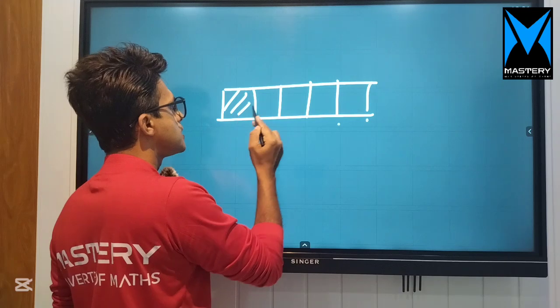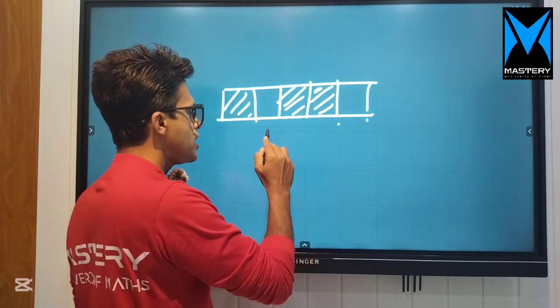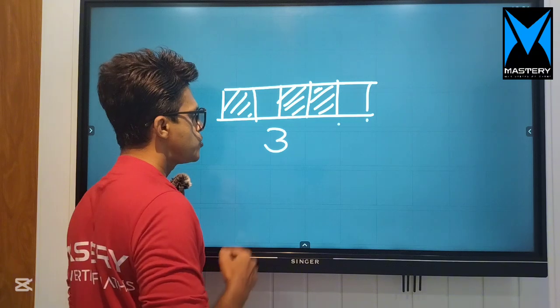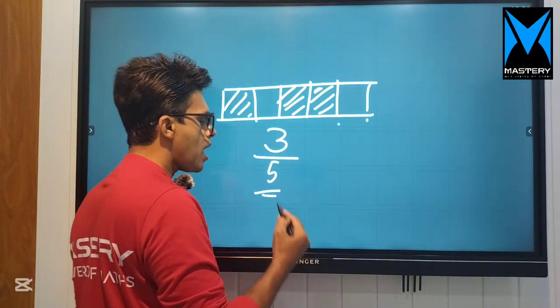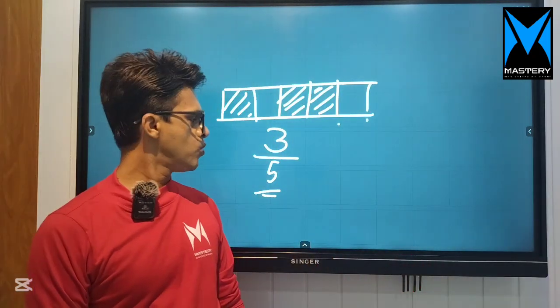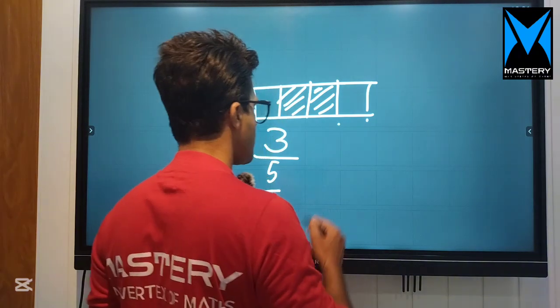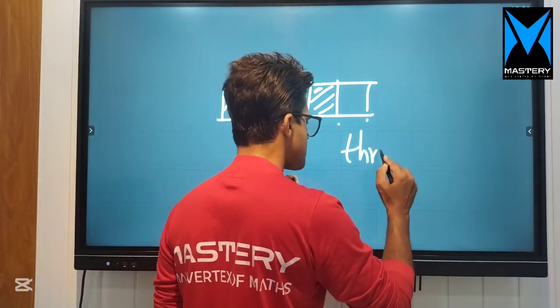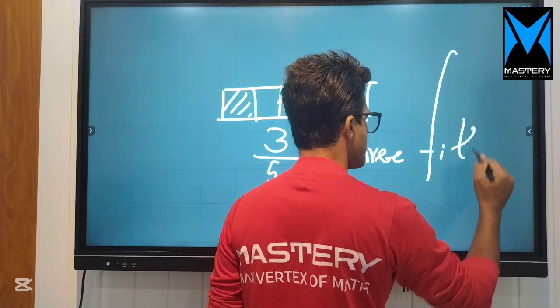Then you eat 3 parts of it. So that eaten part can be taken as the fraction 3/5. This is 3/5.